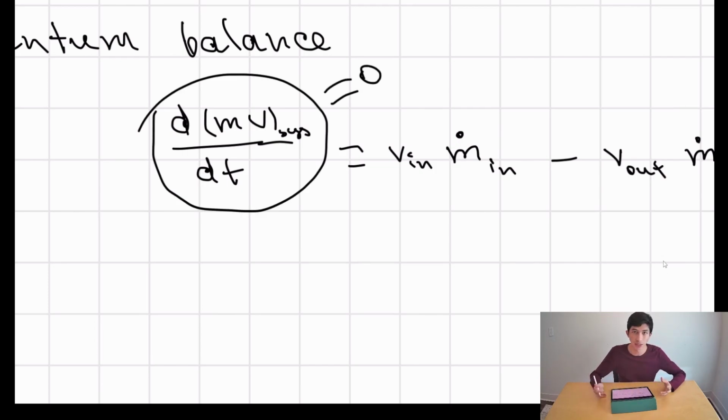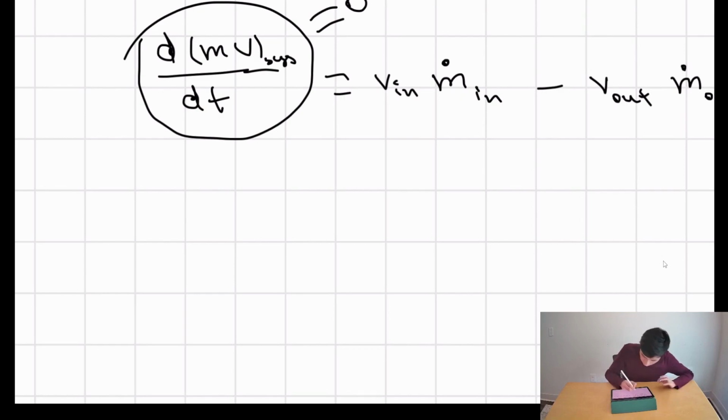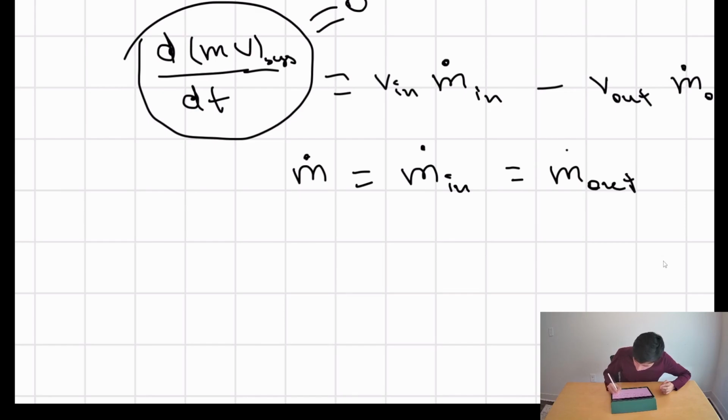The steady state means there is no change with respect to time, so the momentum is not changing with time, so it's going to be equal to 0. And we know that the mass flow rate in is equal to the mass flow rate out, right?